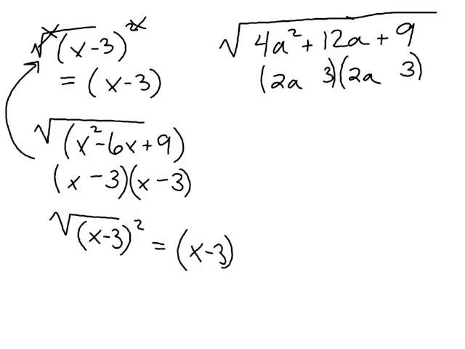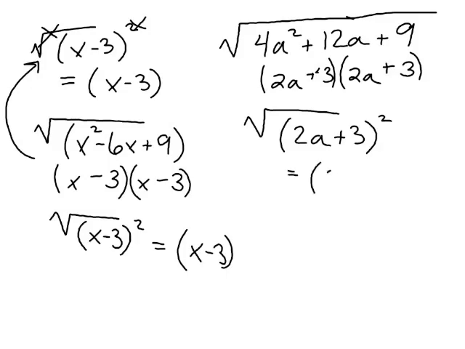Right? Then you do the same to get rid of the square root sign. So plus 2a plus 3, so this can be rewritten as the square root of 2a plus 3 squared. So then my squares and my square root cancel, and I'm left with 2a plus 3.